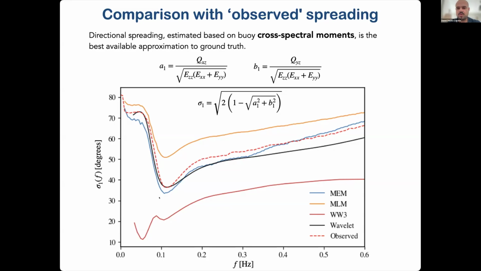It's not predicting the observed spreading quite well. And the maximum likelihood method is overestimating the spreading. So again, the wavelet method is still within what we expect, in terms of the spreading.